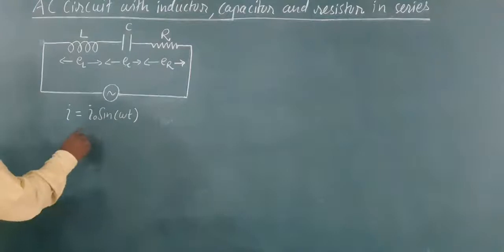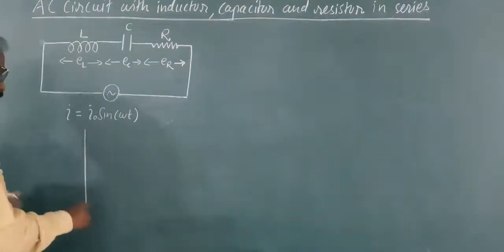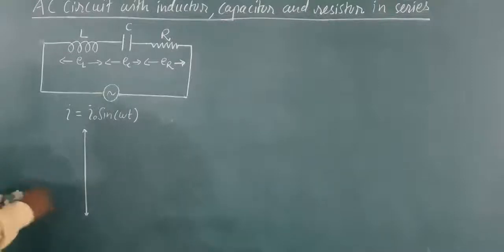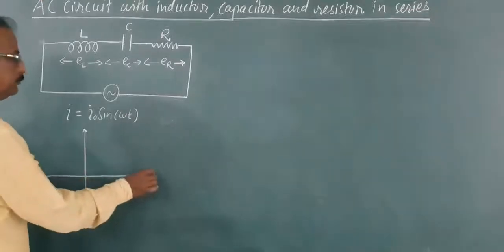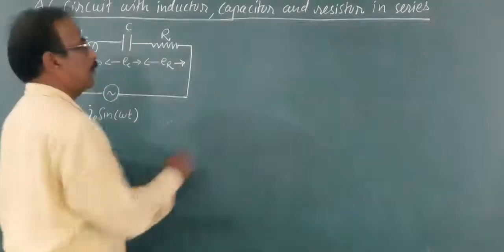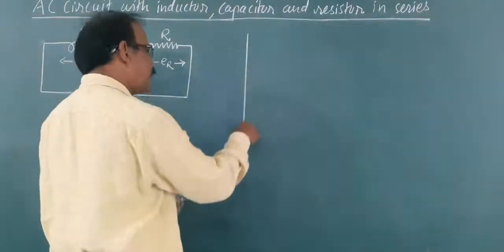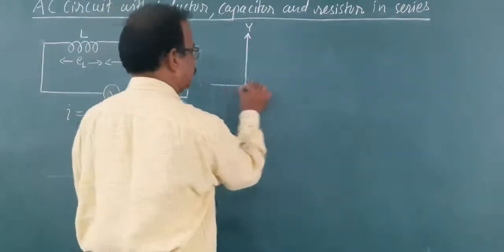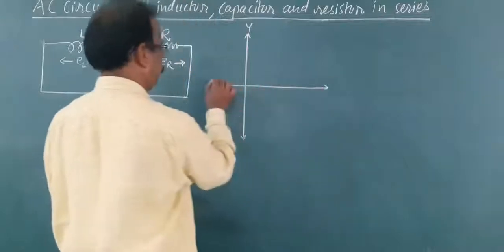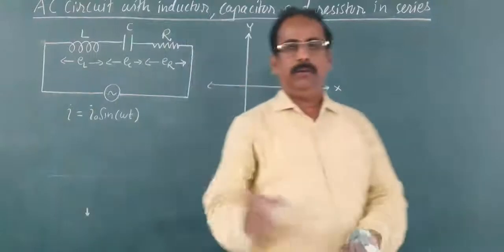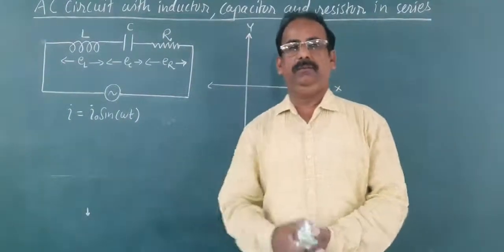Suppose that this is y-axis and this is the x-axis. I will draw figure on this side. This is y-axis and this is x-axis. I am drawing here phasor diagram.